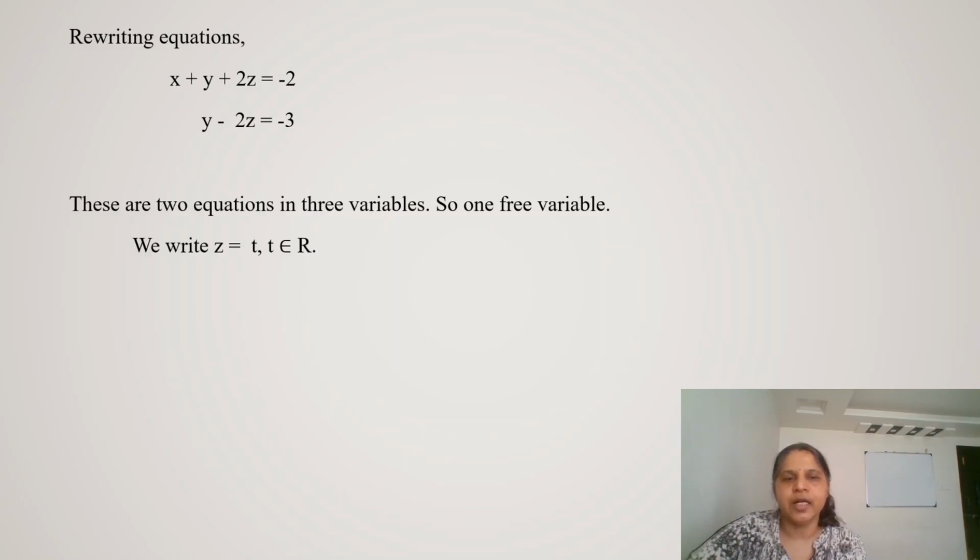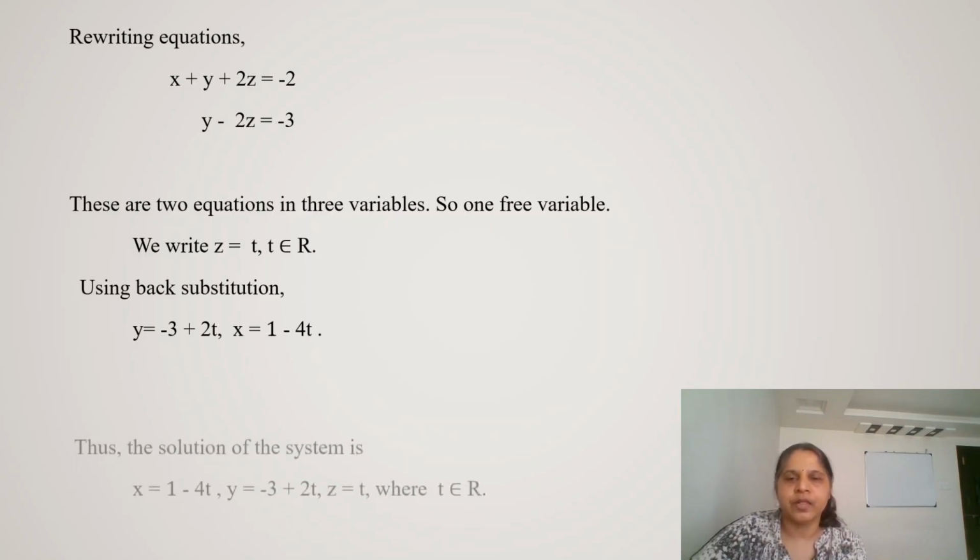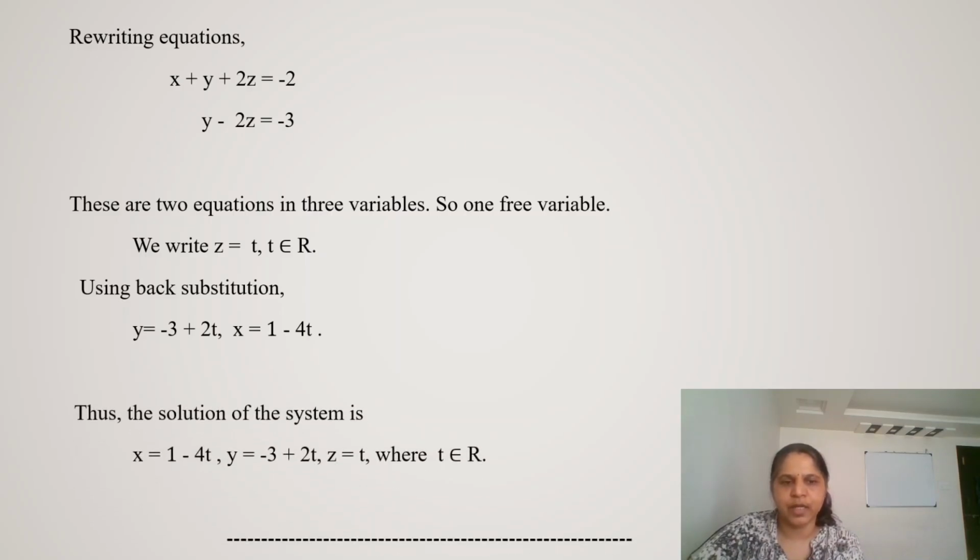Substituting this z in the last equation, we have y equal to minus 3 plus 2t. Similarly, substituting these values of y and z in the first equation, we have x is equal to 1 minus 4t. Thus, the solution of the system is x equal to 1 minus 4t, y equal to minus 3 plus 2t, and z equal to t, where t is any real number.